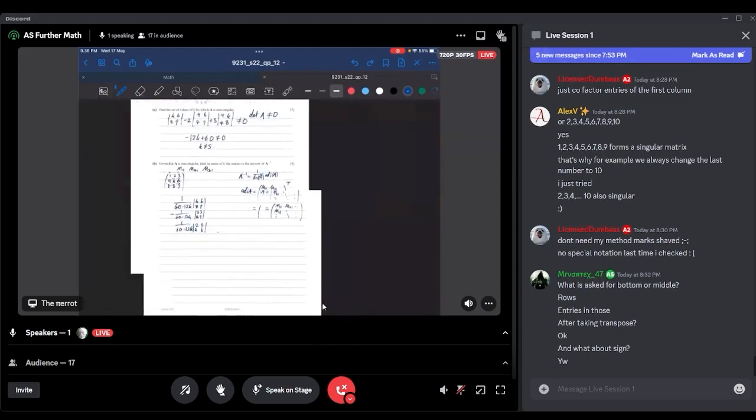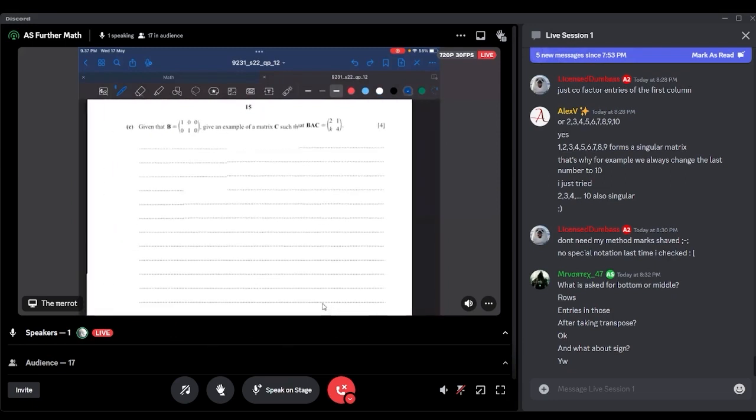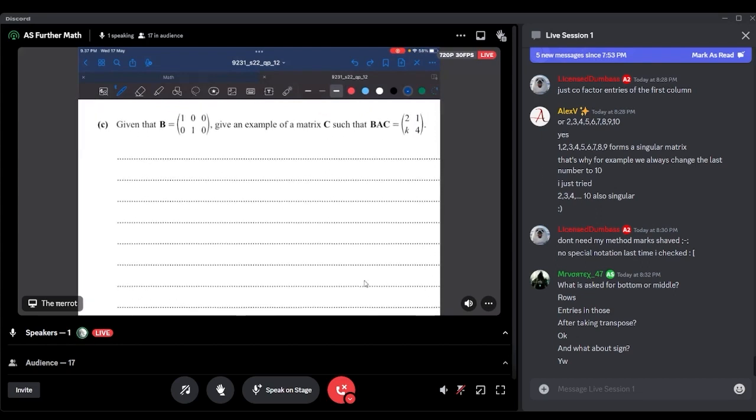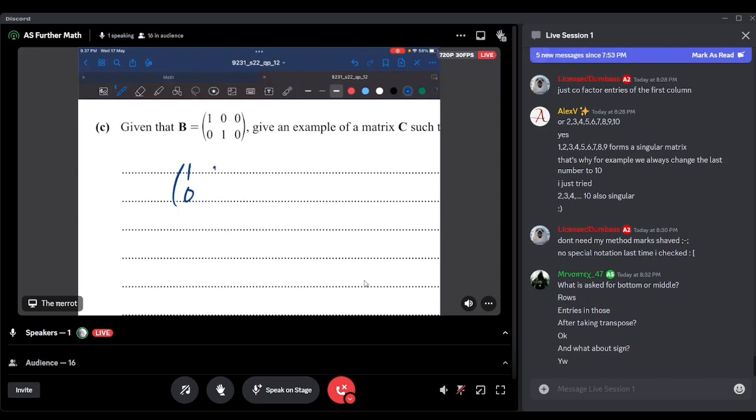Given that B is that funny-looking matrix, give an example of matrix C such that BAC is 2, 1, K, 4. That means we're given BAC. We know B, we know A. Why not multiply them together first? So we have B, 1, 0, 0, 1, 0, 0, times A, 4, K, 6, 7, 8, 9.